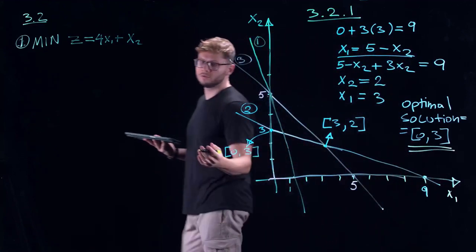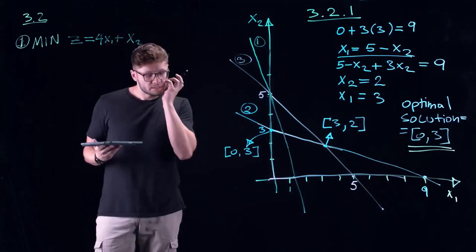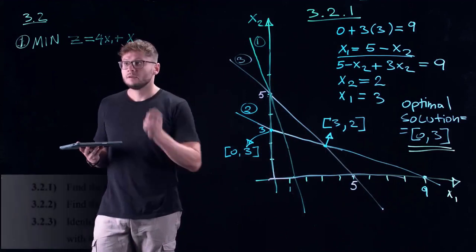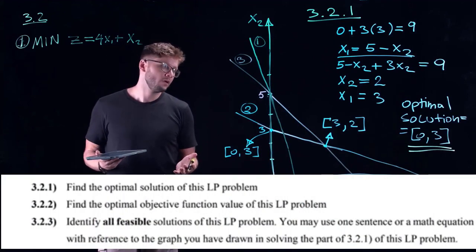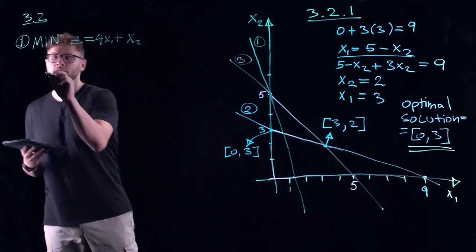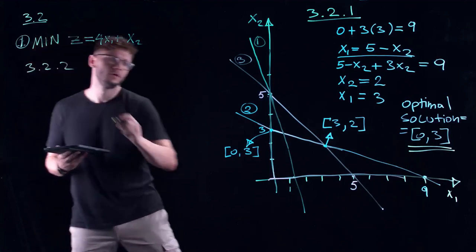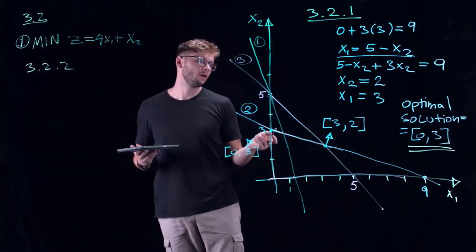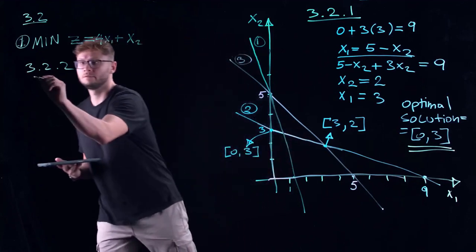Now for 3.2.2, like in the maximization problem we did previously, it asks us to find the value of the objective function, the optimal value for the objective function. So the way we do that, 3.2.2, is by plugging the optimal solution coordinate, 0, 3, into the objective function.